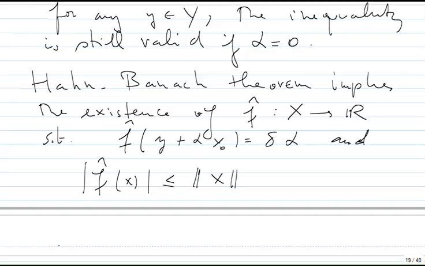In other words, we have the norm of f hat is less or equal than 1.